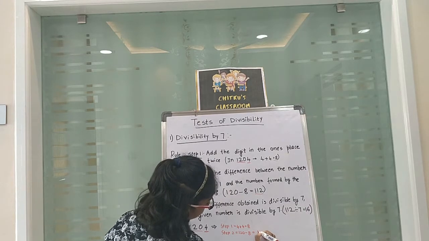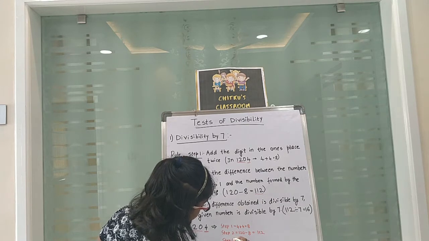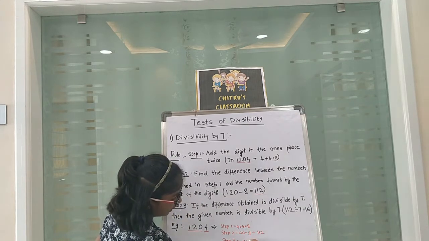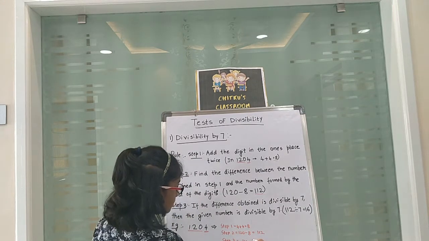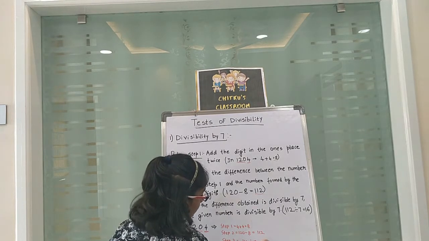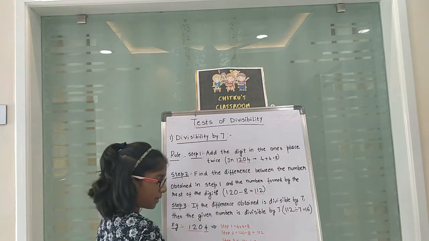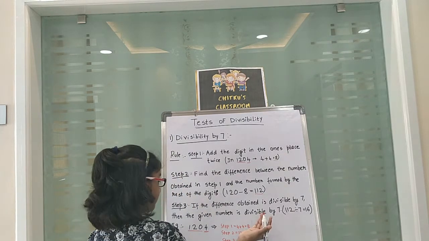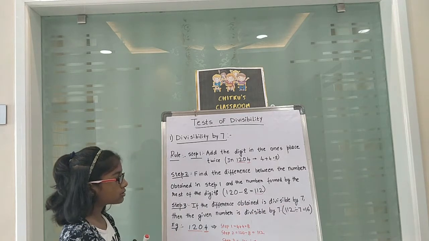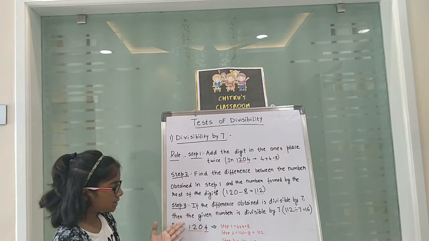The answer is 112. Step 3: divide 112 by 7. That is equal to 16 and the remainder is 0. If the remainder is 0, it is divisible by 7. That's how we recognize if a number is divisible by 7.